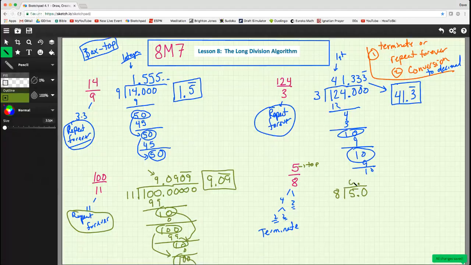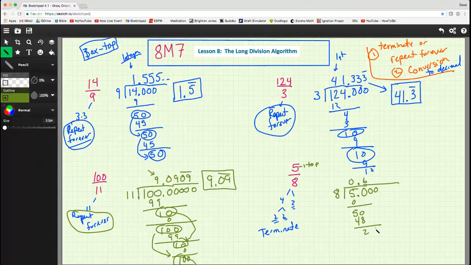So that's a 0. 0 times 8, 0. 50. 8 goes into 50 6 times. 6 times 8 is 48. 2, carry 0.